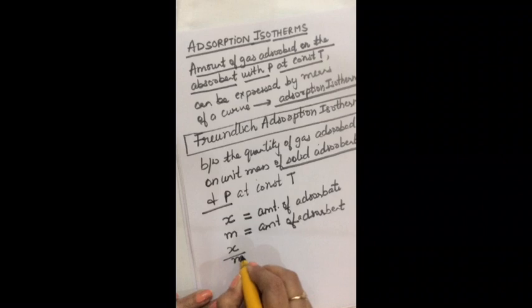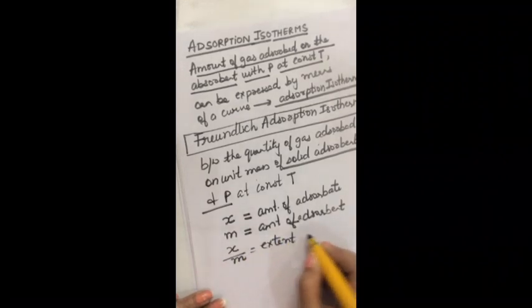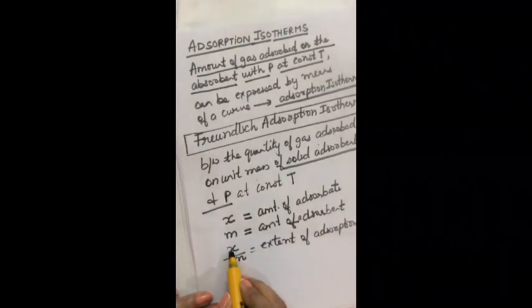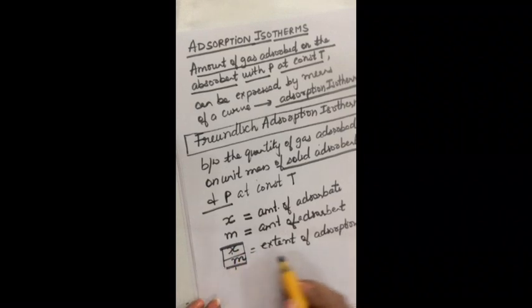So x by m will be the extent of adsorption: how much adsorbate can be adsorbed on unit mass of adsorbent.